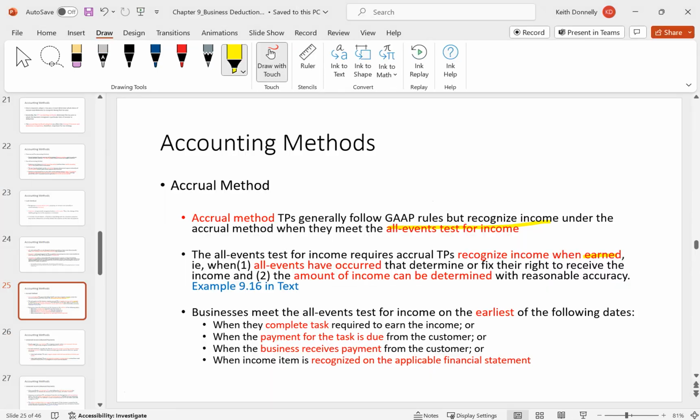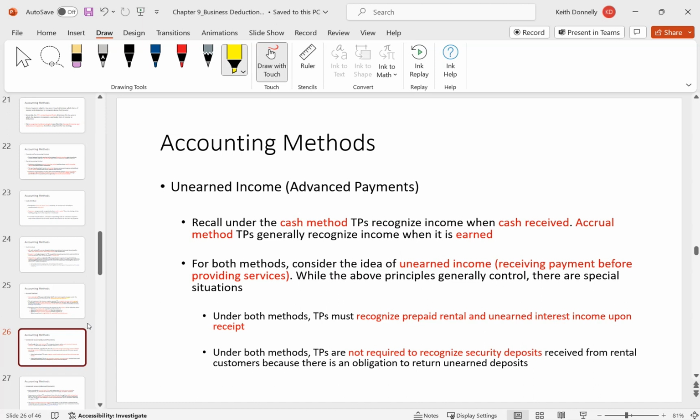All right, we're going to do some more examples like that where we compare the two. A couple other things. Let's talk about unearned income, advance payments. Say we're a landlord or a business, and we have a client who pays us before we provide the services. Accrual method taxpayers generally recognize income when it's earned, cash method when it's received.